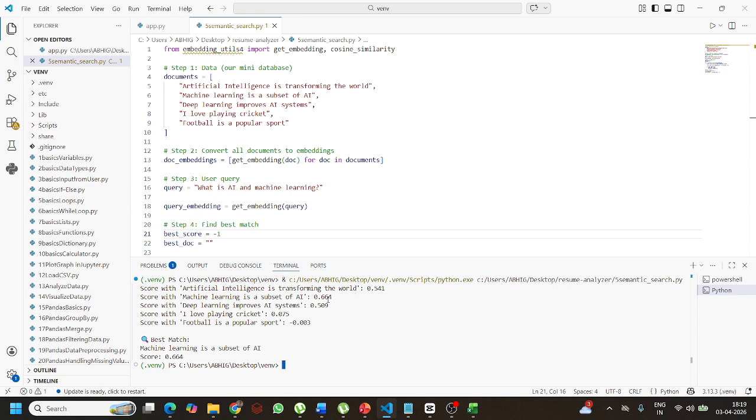If it is 0, then it is not equal, not the same. And if the value is 1, then it is the exact value we are looking for. Very similar things will have the value 1. If it is unrelated, the value will be 0, and if it is completely opposite, the value will be minus 1.